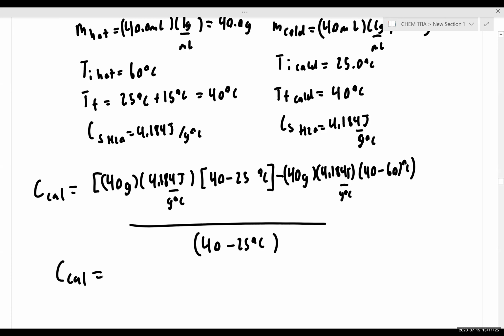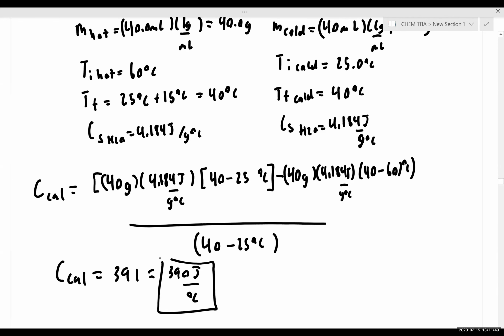Then we take our answer and we divide it by 15. And that in turn gives us a heat capacity of our calorimeter of 391, that we round to 390 joule per degree Celsius.